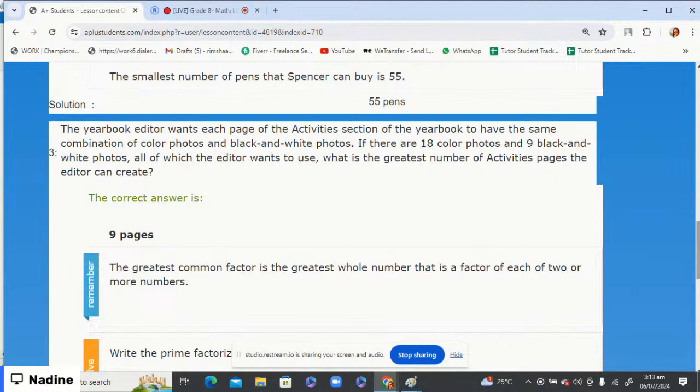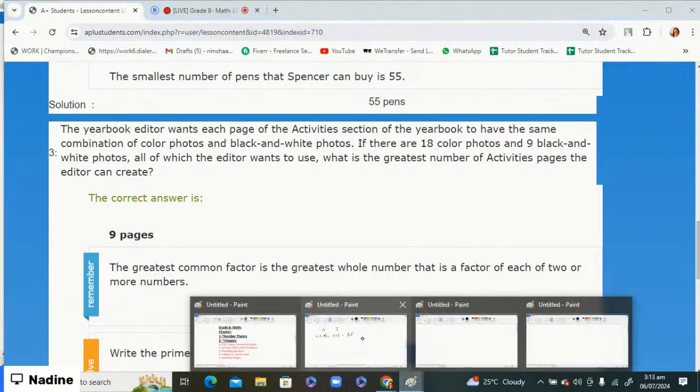If there are 18 color photos and 9 black and white photos, all of which the editor wants to use, what is the greatest number of activities pages the editor can create? Okay, so this is for 18 and 9.